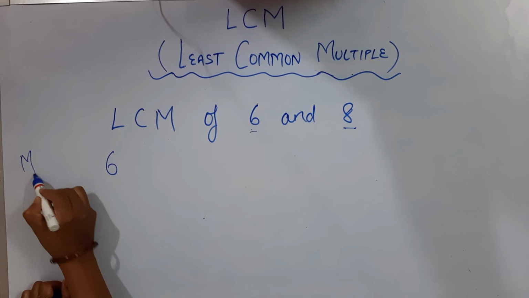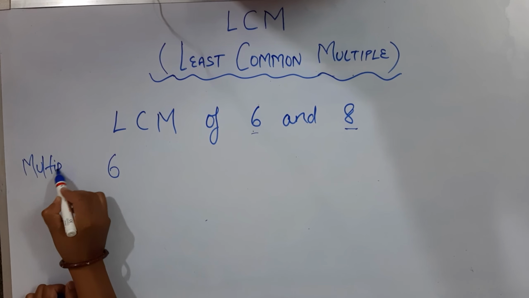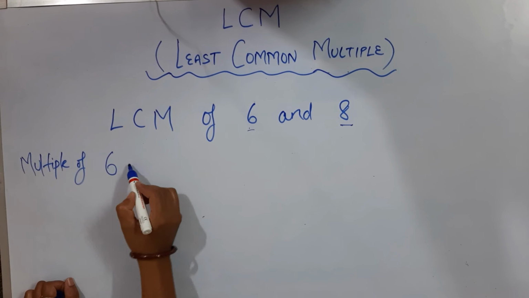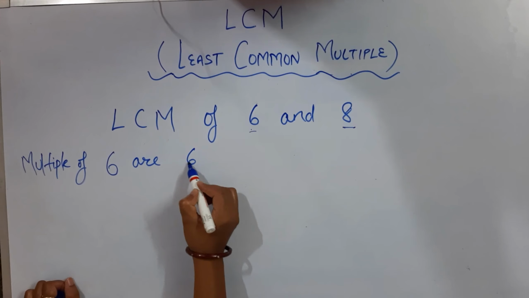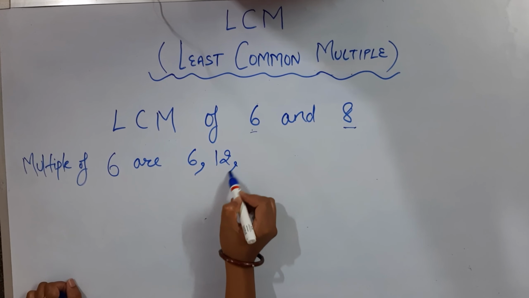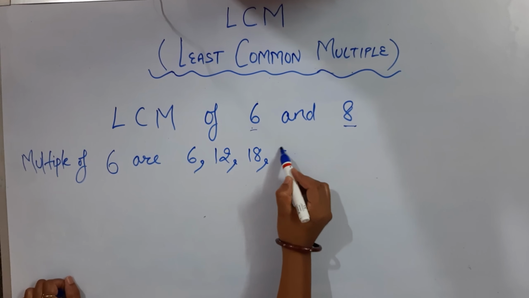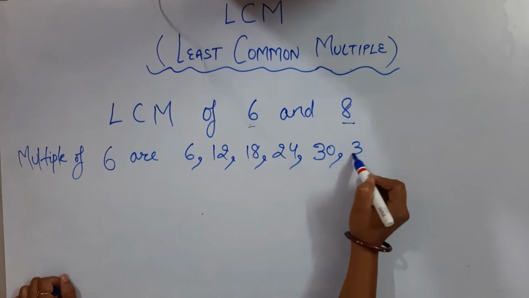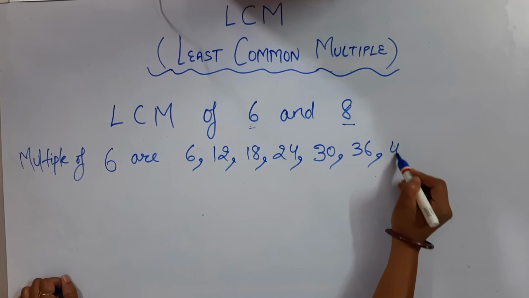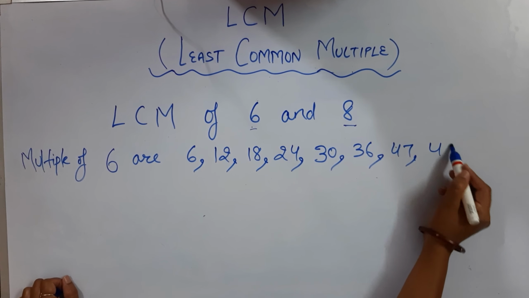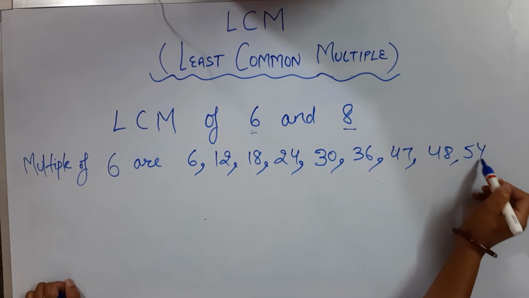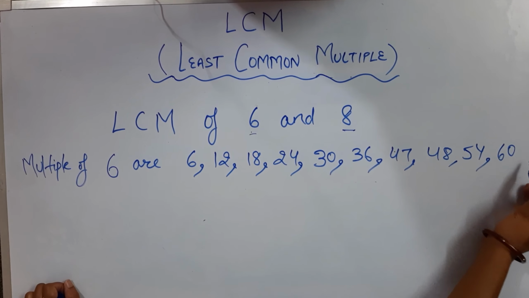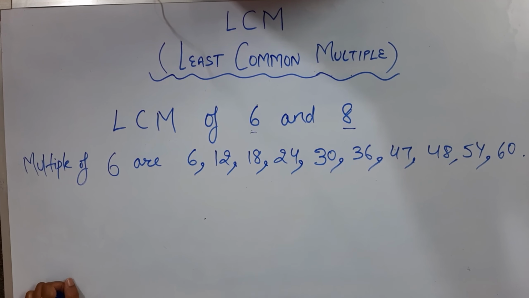So, multiples of 6 are 6 1s are 6, 6 2s are 12, 6 3s are 18, 6 4s are 24, 6 5s are 30, 6 6s are 36, 6 7s are 42, 6 8s are 48, 6 9s are 54, 6 10s are 60 and so on.